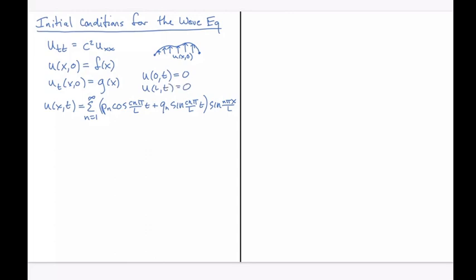But a similar thing would be true if we had homogeneous Neumann boundary conditions. We would just change the sine to a cosine and proceed similarly.